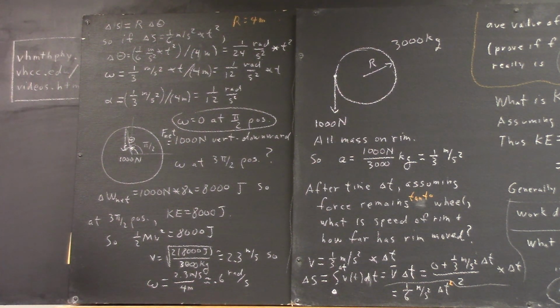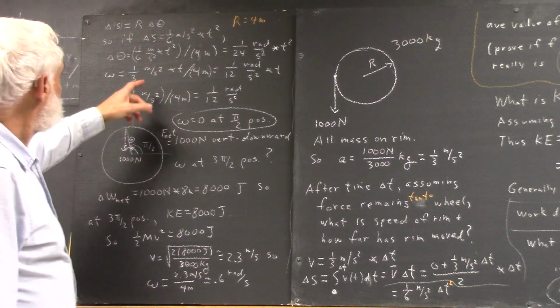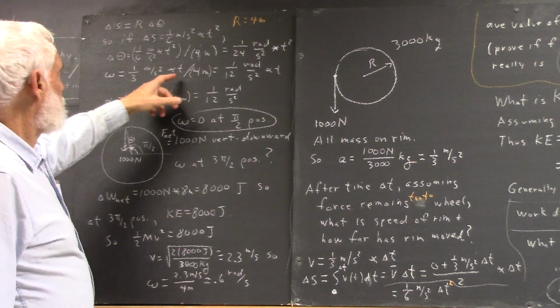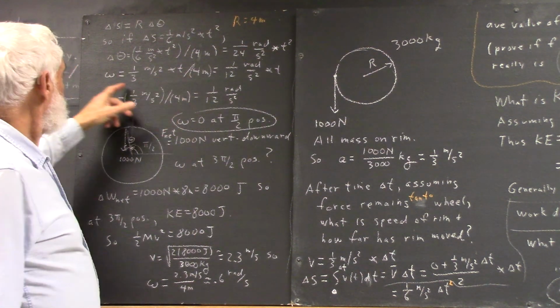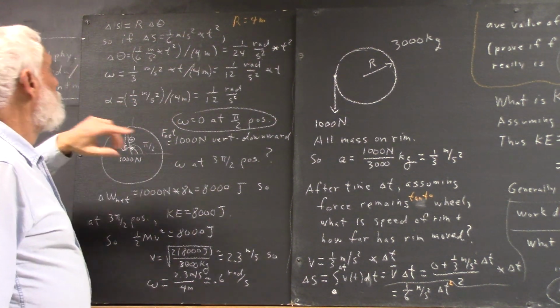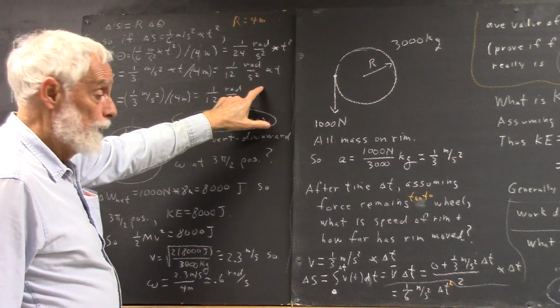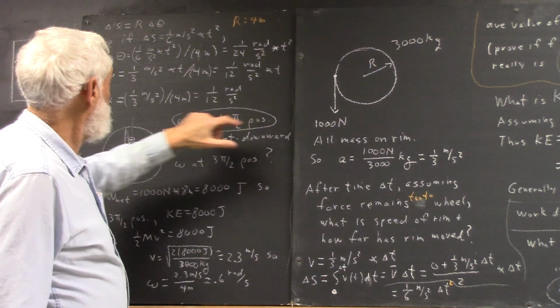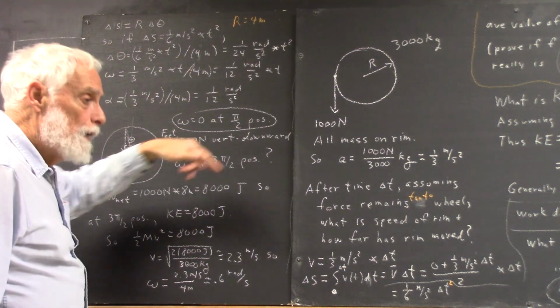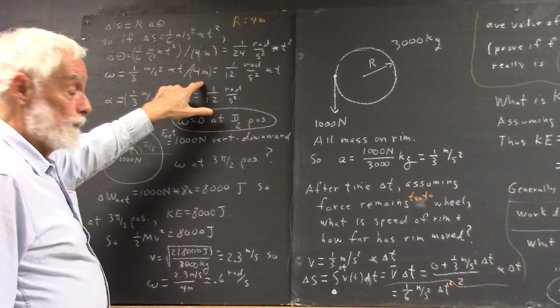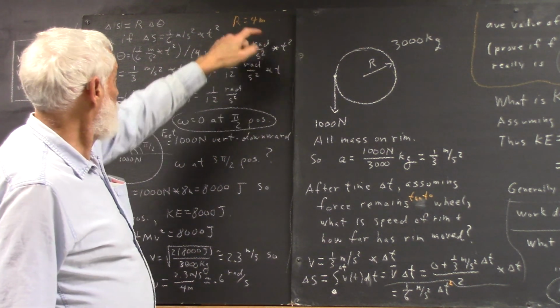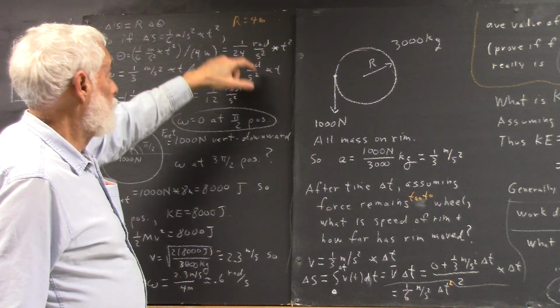Now, of course, we calculated the speed, the 1/3 meter per second squared times t, and we could also calculate omega by simply dividing the result that we already got by the 4 meters to get this. So this is both what we get when we divide the speed around the arc by the radius, and what we get when we take the derivative of our theta function.